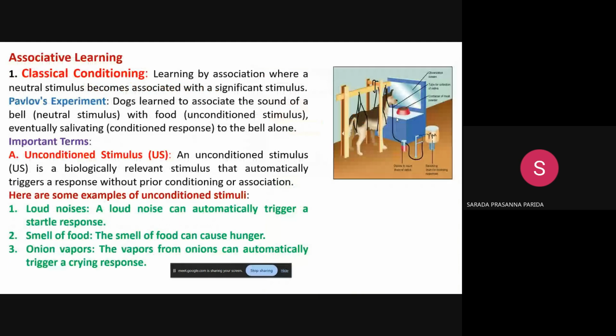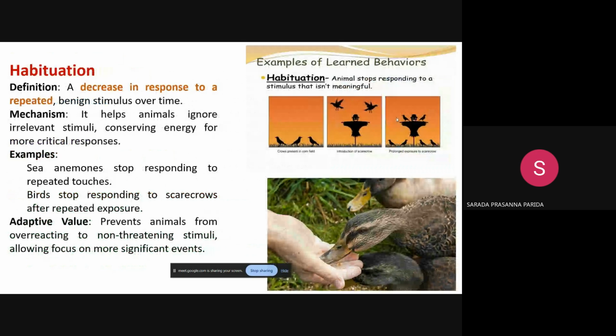Sir, benign to stimulus triggers are present. Is there any doubt? Sir, benign stimulus. Not audible to me again.